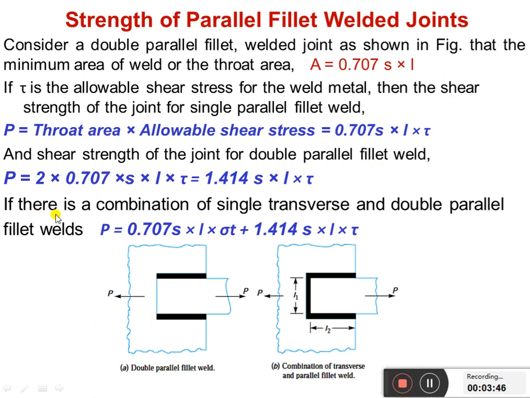If there is a combination of single transverse and double parallel fillet weld, the single transverse we already found in a previous step, 0.707 S into L into sigma T, plus 1.414 S into L into tau. So that is the combination of transverse and double parallel fillet weld.